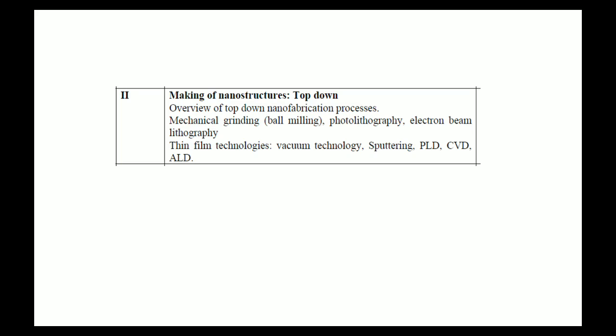In thin film technologies, what we are going to see are vacuum-based technologies, which is called sputtering. PLD is pulsed laser deposition. CVD, the long form for CVD, is chemical vapor deposition, and the long form for ALD is atomic layer deposition.